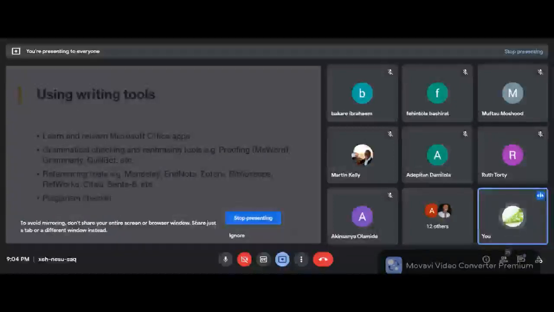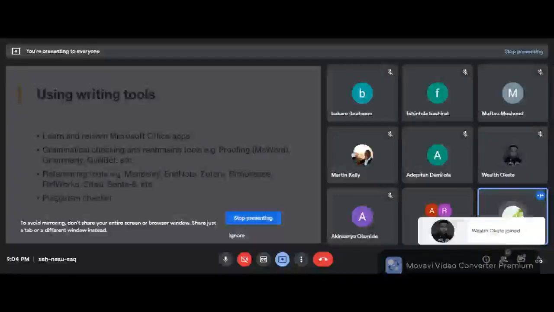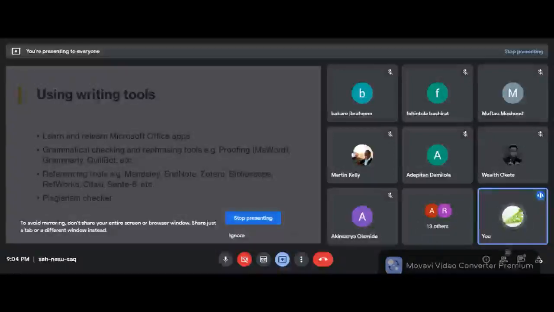In addition to the fact that you are not going to be entering them, we all understand how stressful entering references can be. But at the same time, it is clear that when there is need to change a referencing format, that is going to be more stressful using manual entry. So it is always good to have some referencing tools that will help in this regard, and then to have access to a plagiarism checker.